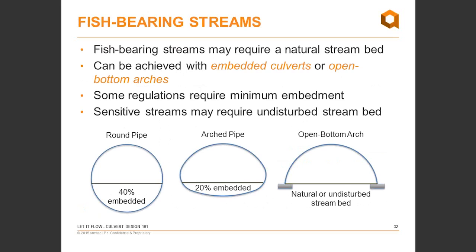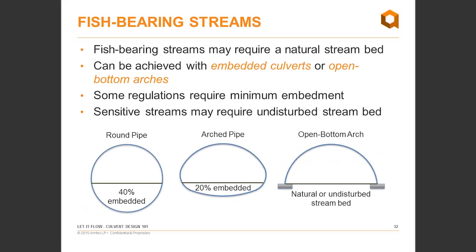Now, lastly here, I just wanted to mention fish-bearing streams. Every jurisdiction is a little bit different, but there will always be local guidelines on how to accommodate fish-bearing streams. Often, a natural stream bed is required to help with spawning and fish passage. Some regulations will allow for embedded culverts, and there really is a lot of success with these types of culverts in many areas.